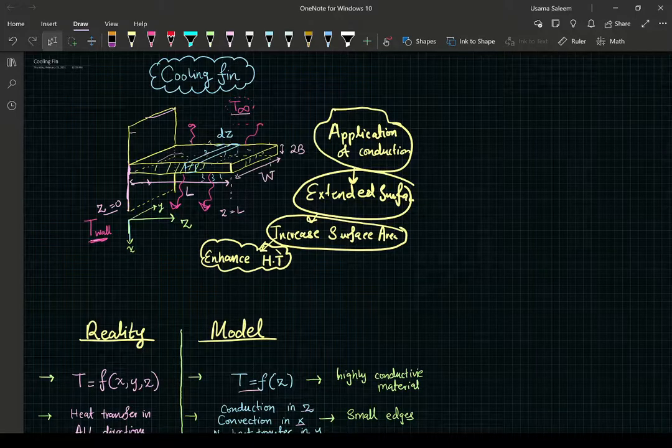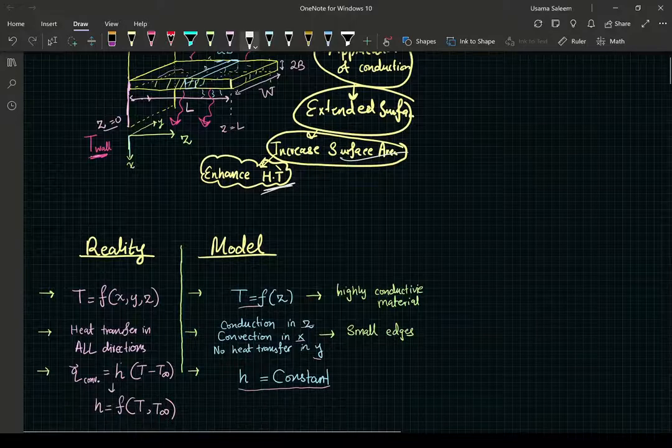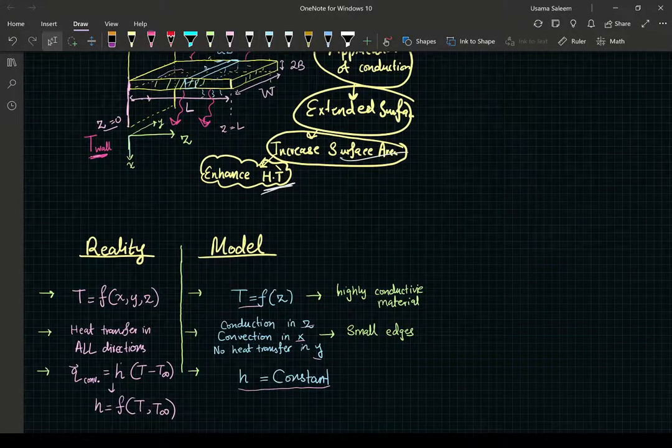So yeah, cooling fin, application of conduction, extended surface. Why do we worry about these? They increase surface area, and increasing surface area enhances heat transfer. If you have more surface area, you'll have more area to exchange heat. That's going to enhance the rate of heat transfer. So the reality is often disappointing, which is why we use assumptions to make our model simpler so we can get an analytical solution.